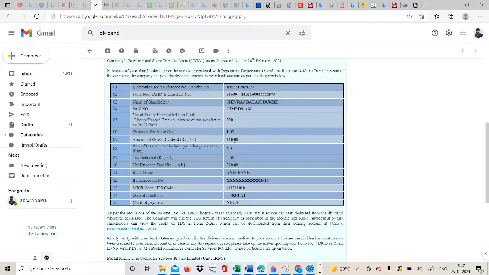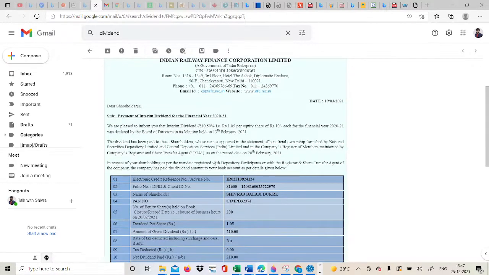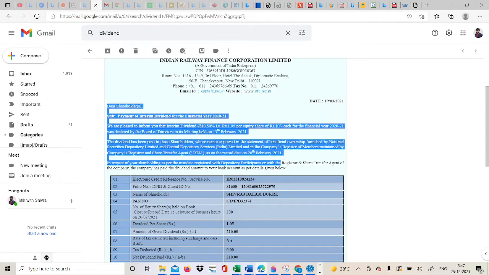Okay, so why is this information important? While processing a corporate action event, we need this information. And we even check this communication as well. This communication is important because we have to keep these communications with us for future reference as well.